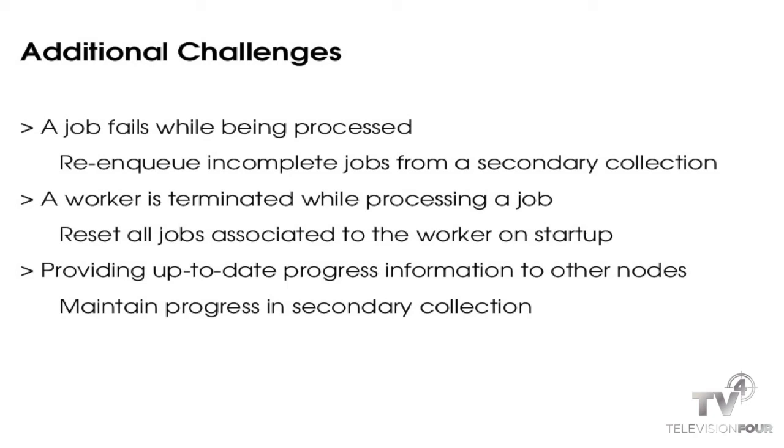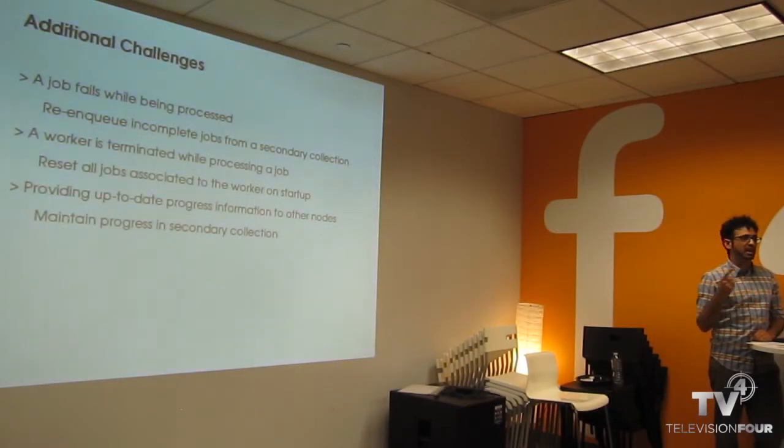So for video encoding jobs and for uploads, I have two collections. I have the queue and I have the storage collection. And when a job fails, then I have another cron job that checks to make sure that a job is complete. If it's not complete, it puts it back into the queue and gets processed.